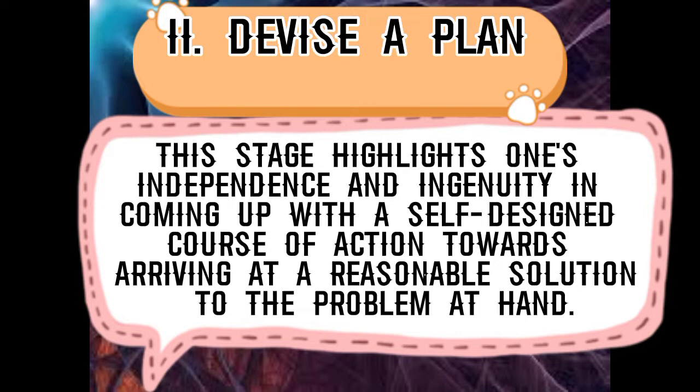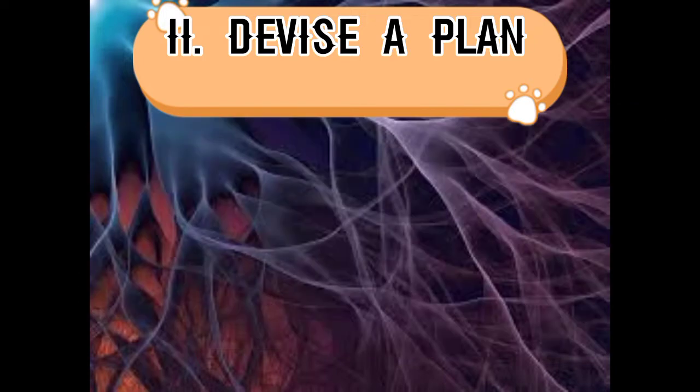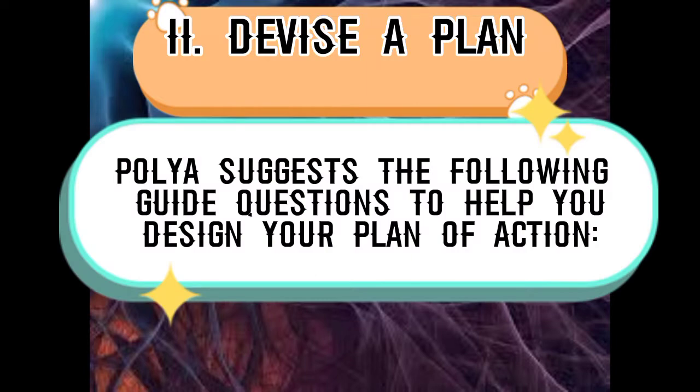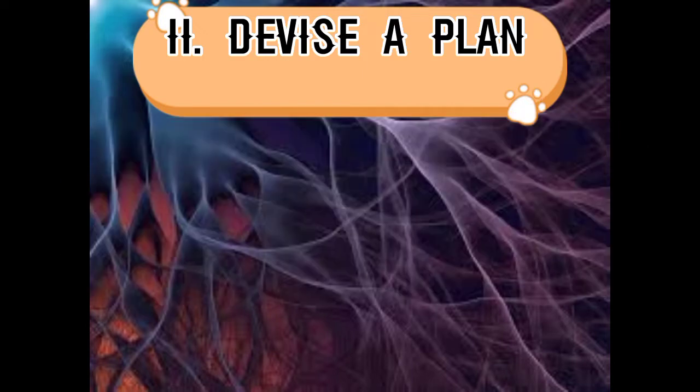At this stage, you may need to refresh your memory on the concepts involved in the problem, especially the definition and properties of the terms involved. If the problem mentions even numbers, make sure that you know its formal definition, its properties, and mathematical form including specific examples. Polya suggests the following guide questions to help you design your plan of action.